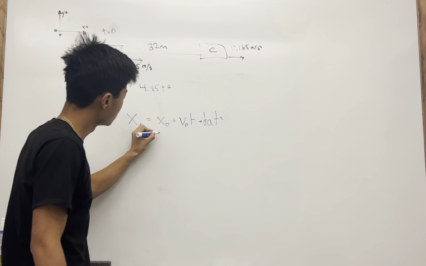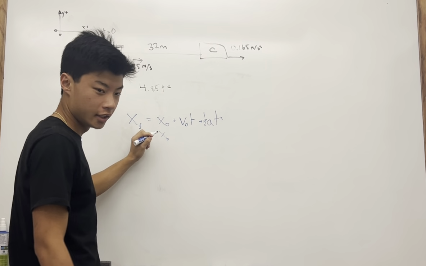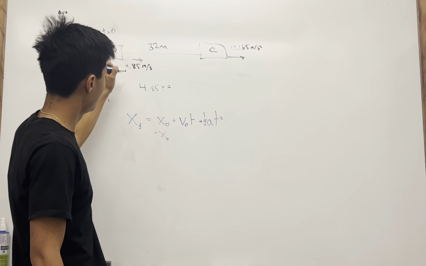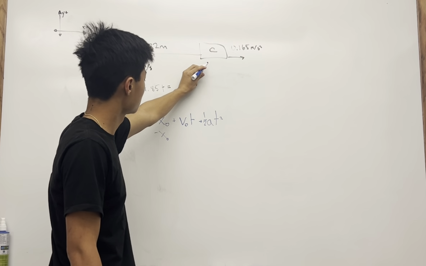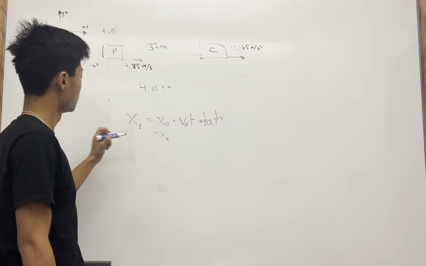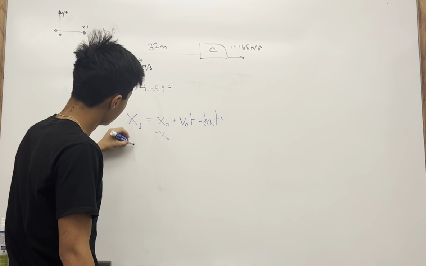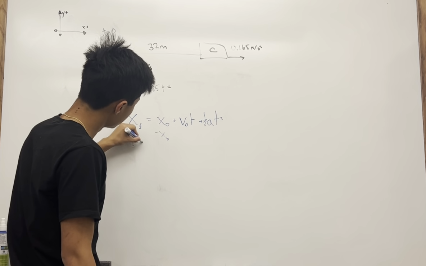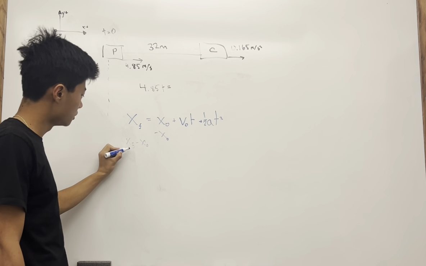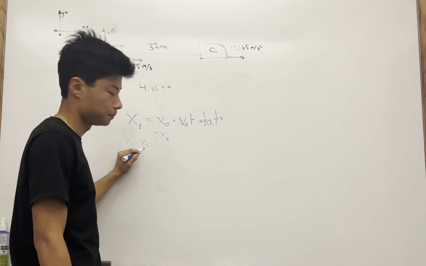Now if we subtract the initial position from the final position, which is unknown, we get x final minus x initial.